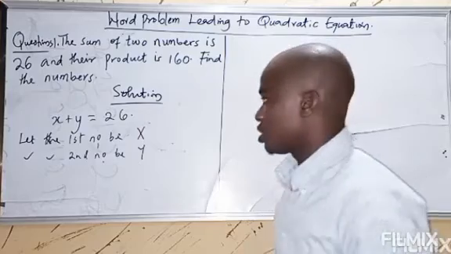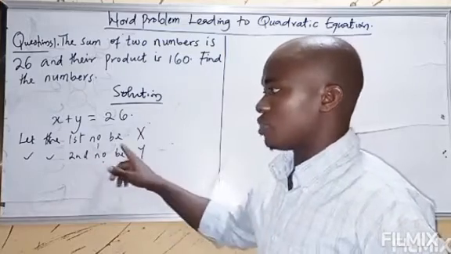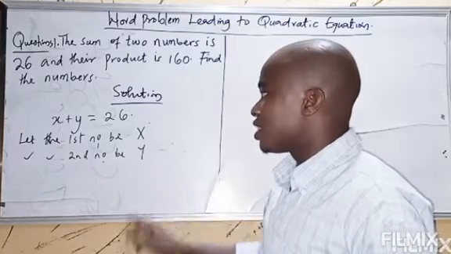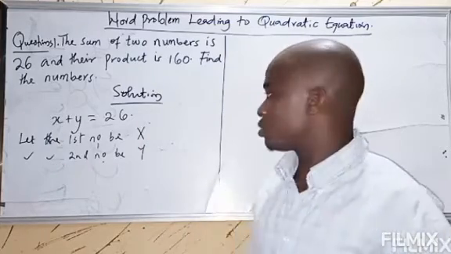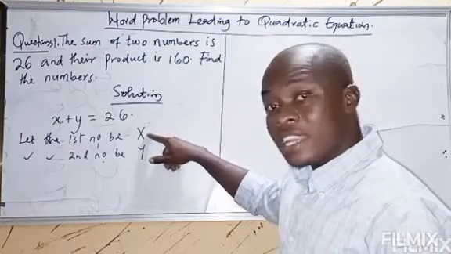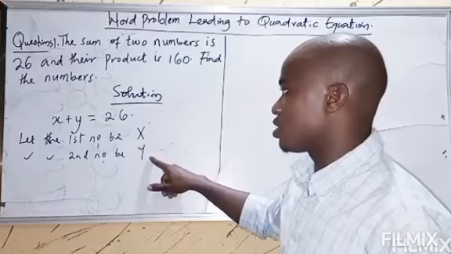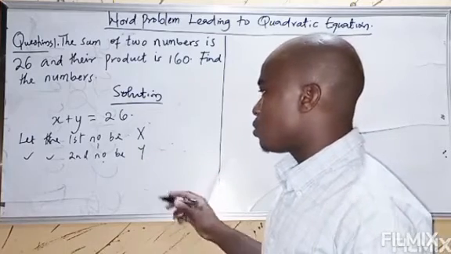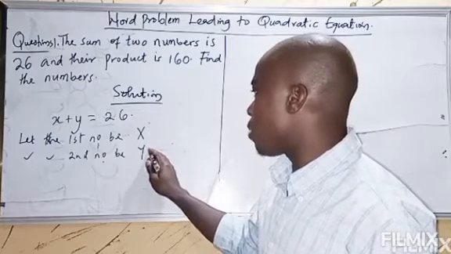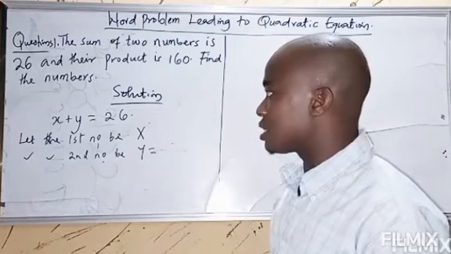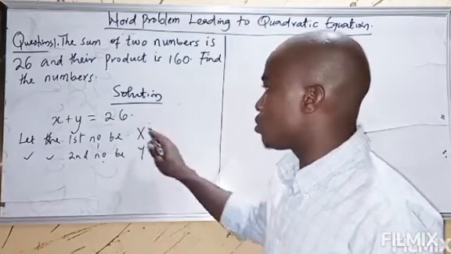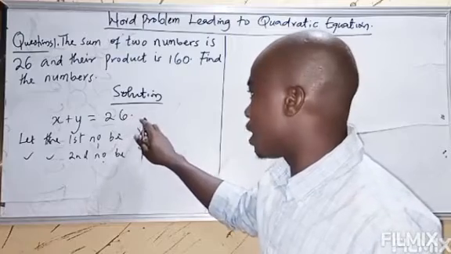If you let the first number be x and the second number be y, you can see that we have two variables here. So either you write this one in terms of y, or you write this one in terms of x. If I want to write y in terms of x, I come back to the equation that connected them.